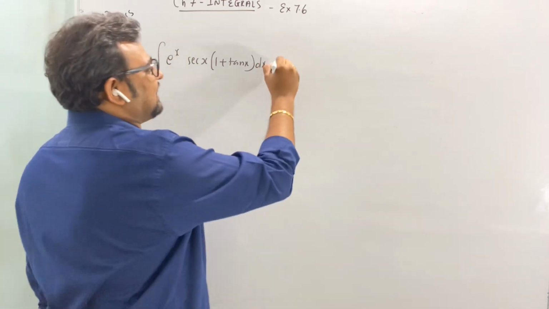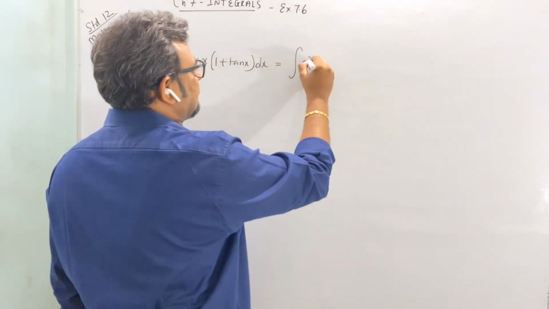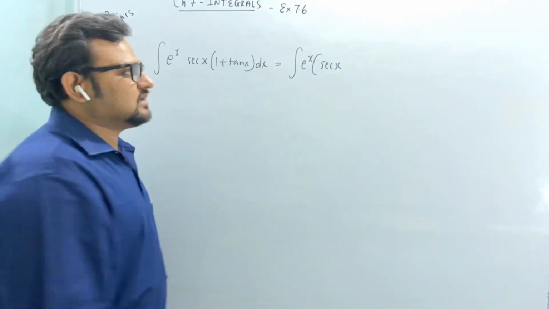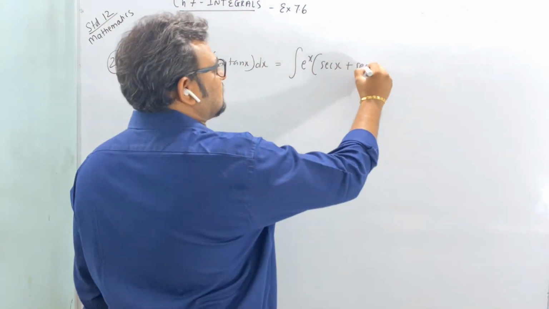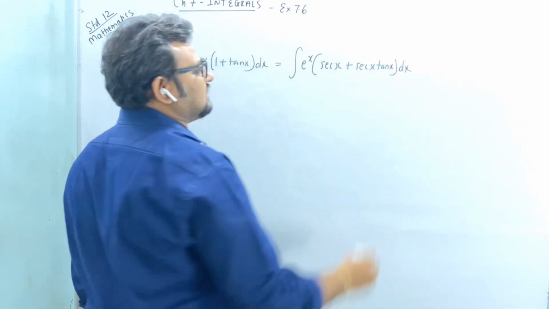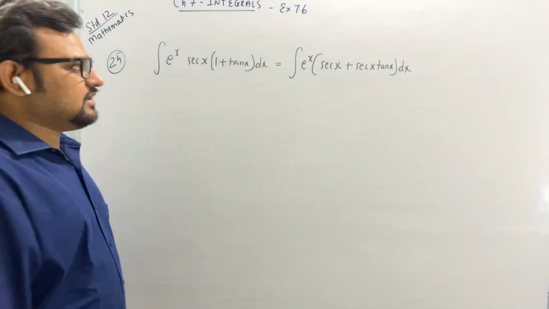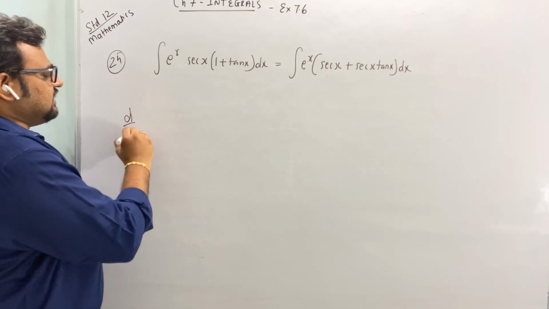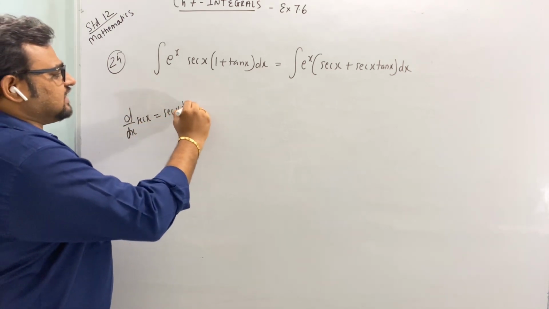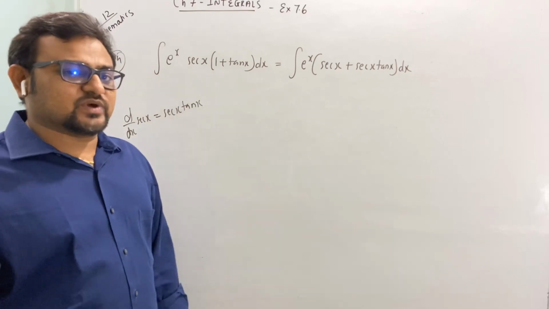I will just multiply it. Sec x into 1, sec x plus sec x tan x dx, right? We know that d by dx of sec x is equal to sec x tan x. Now it's a very simple sum.